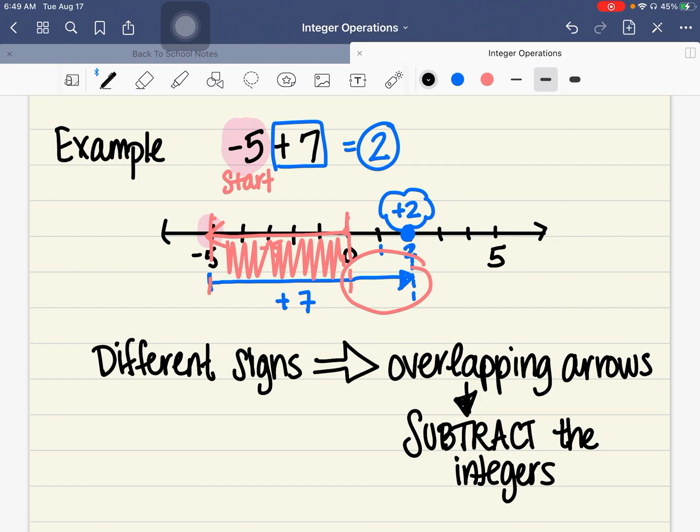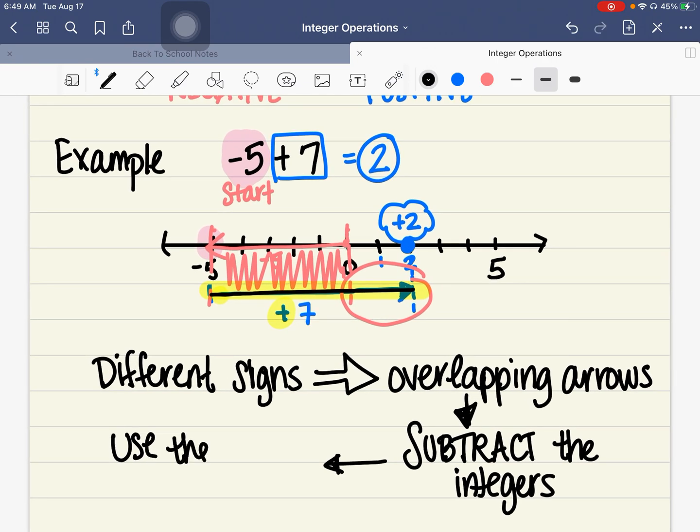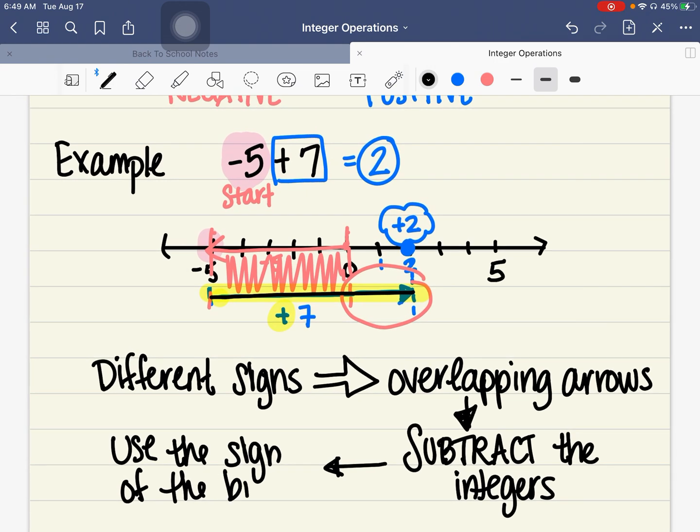And then how did I know it was positive? Well, if I look to see which arrow is bigger, in this case, my positive arrow is bigger. So we know that the sign has to be positive. We want to use the sign of the bigger arrow.